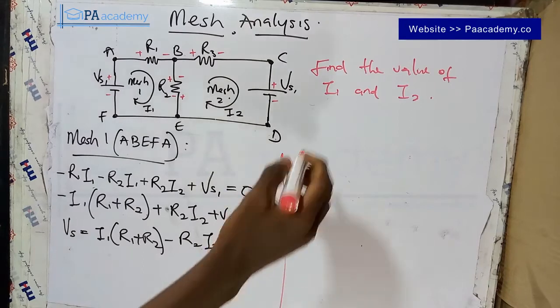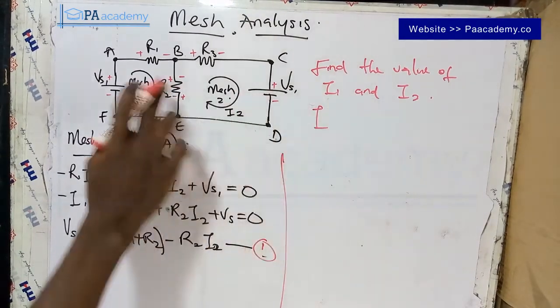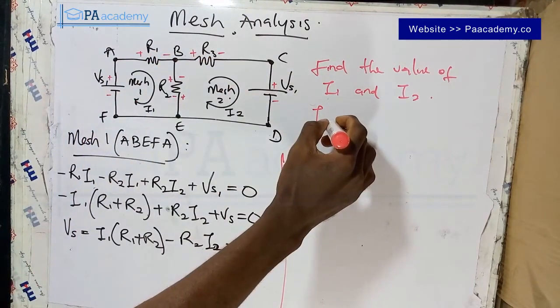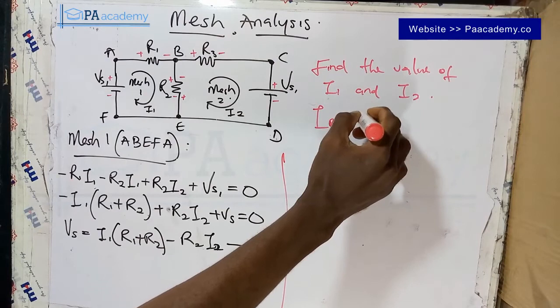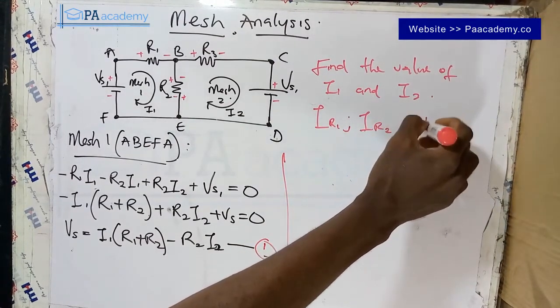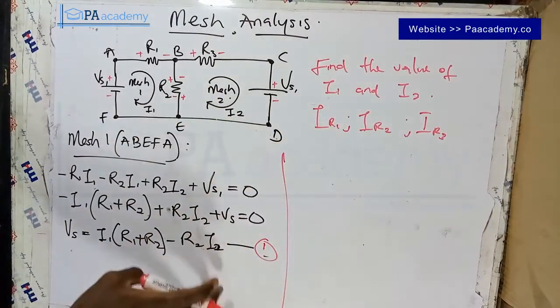We are also going to be looking for the current passing through R1, R2, and R3. That is IR1, the current flowing through the R2 resistor, and the current flowing through the R3 resistor. That's basically what we are looking for. I forgot to mention it.